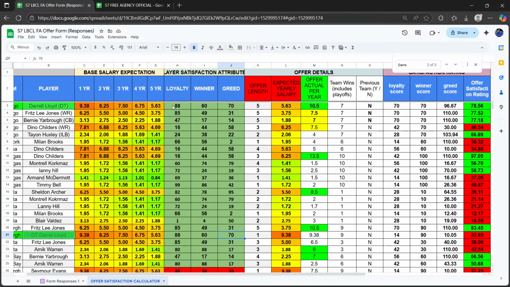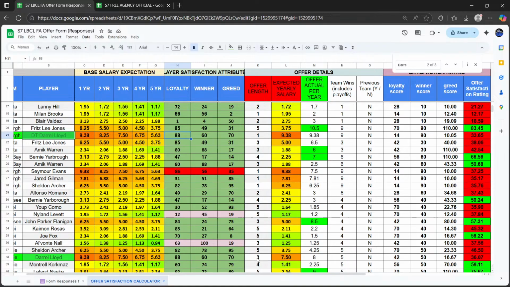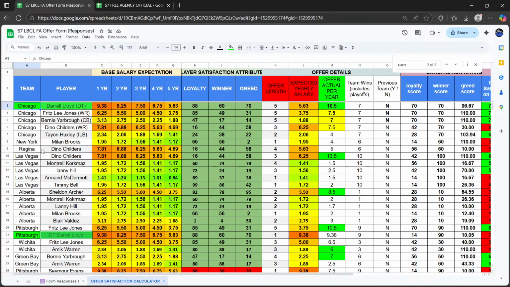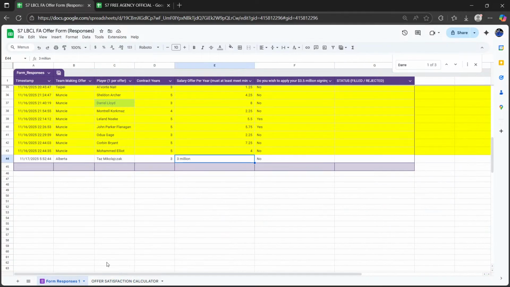He's got 88, which is high loyalty. Winner, we'll get to that later because Winner's going to win Pittsburgh a deal in a minute. And then you had the Muncie deal, which was 3 for 7.5, which was just base salary, mid-range, mediocre deal, 36.07. And Chicago wins Daryl Lloyd.